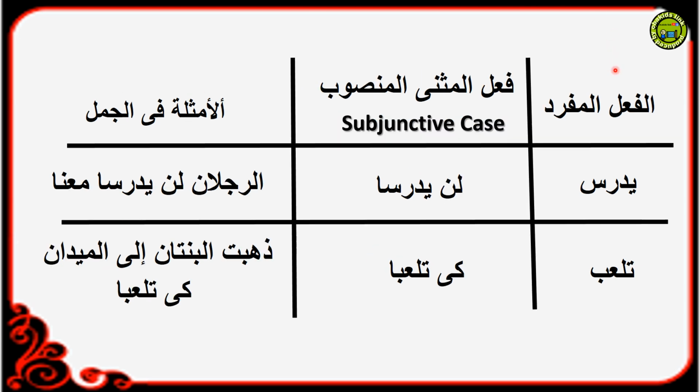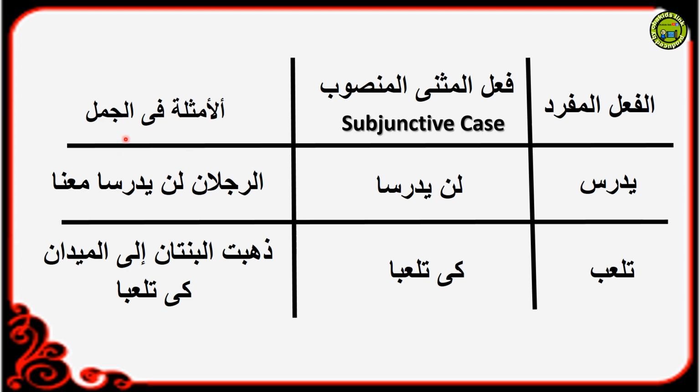Fi'l mufrad, singular verb. Fi'l musanna li mansub. Dual verb in the position of fatha or subjunctive case. Al-amsalat fil jumla, the examples in sentences. Yadusu, he is learning. Lan yadusa, they will never learn.